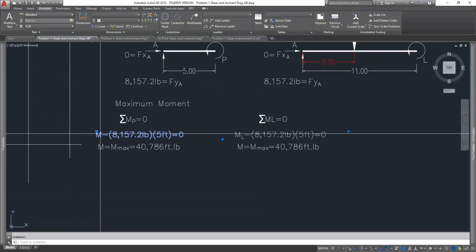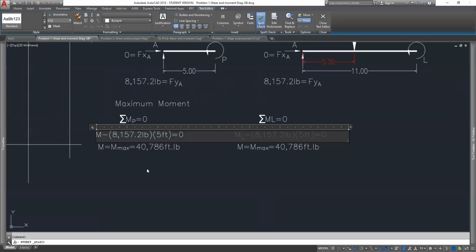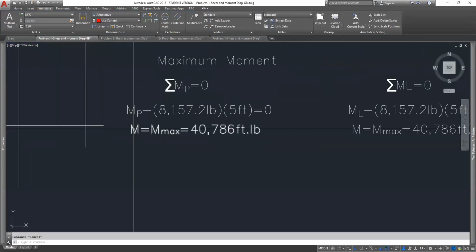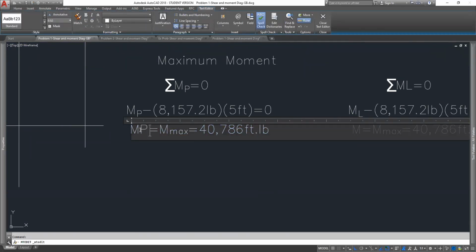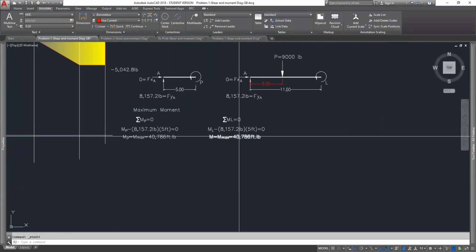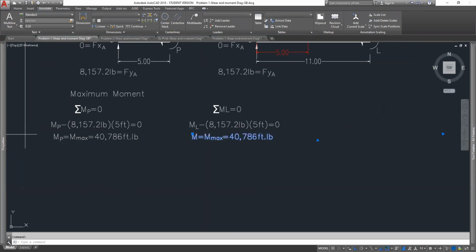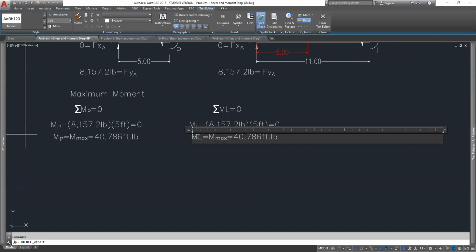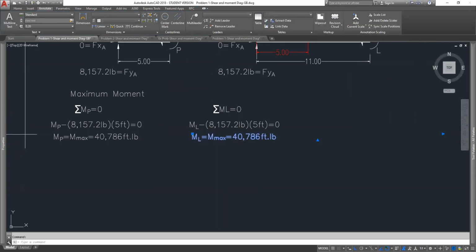This one really should have been moment at P. Okay, so this one's going to be ML. It is not max.